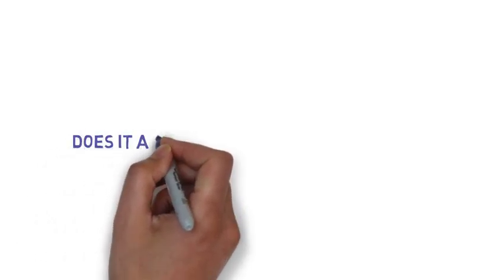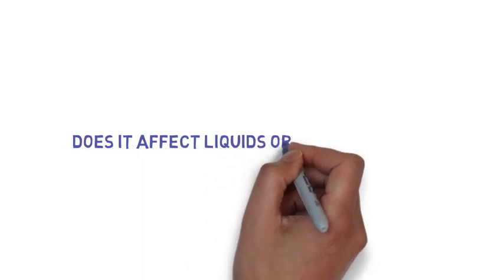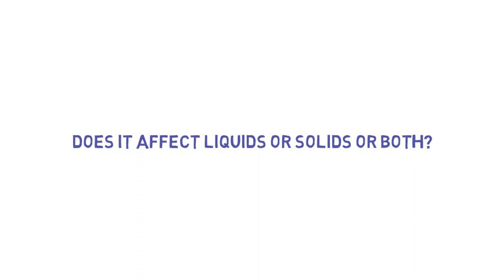And the key question to ask is about liquids and solids, as this helps differentiate whether it is a neuromuscular cause or a mechanical cause. So do not miss asking this question in a history taking. You want to know, has the patient difficulty swallowing solids? Have they difficulty swallowing liquids? Or have they difficulty swallowing both solids and liquids?